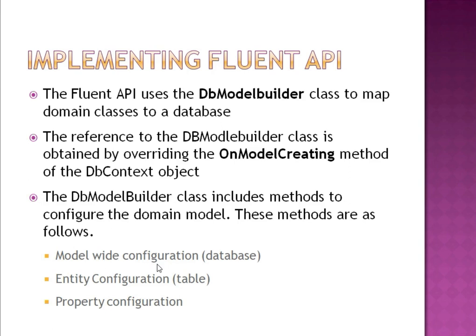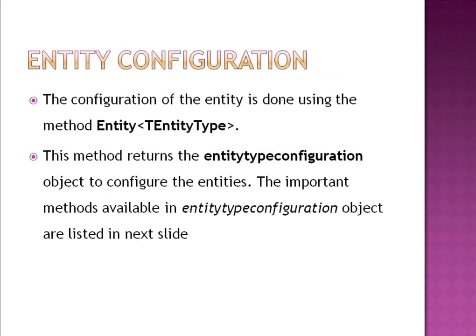Okay, so let us see what is entity configuration. Entity configuration is done to configure your table. The method which is used for configuring the entities is Entity itself. The method name is also Entity, and it is again a generic method. So here you have to specify the domain class name, or in short you can say the entity type, which you want to configure.